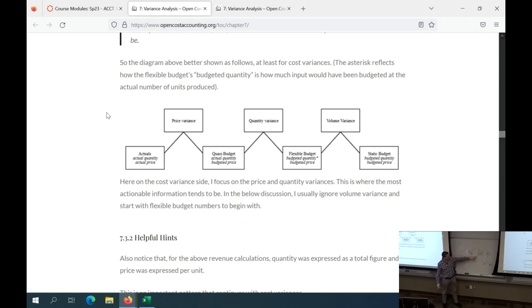And then we also have quantity. The question is, what are we multiplying that PDOH rate by? Say the cost driver is direct labor hours, so this PDOH rate is some number of dollars per direct labor hour.